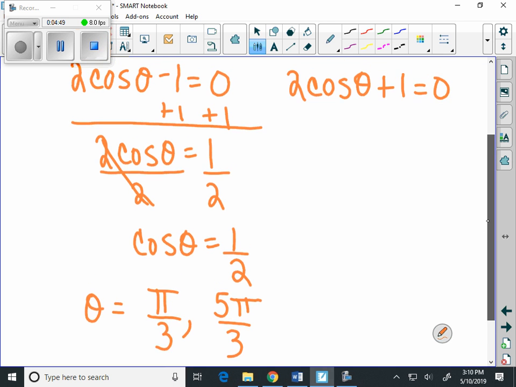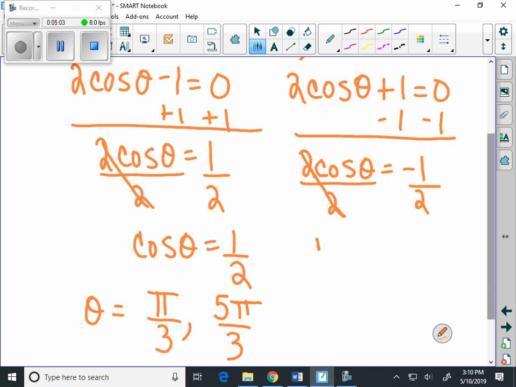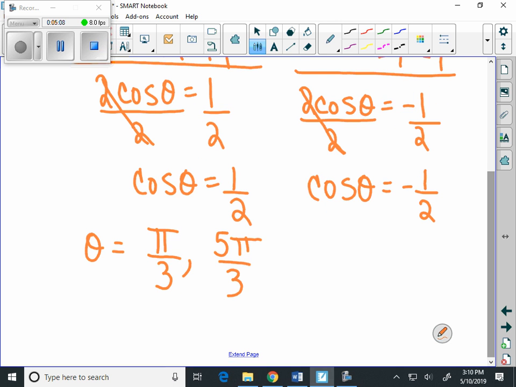Hopefully you don't have to go back and do the math, but I'm going to do it. Subtracting 1 from both sides, we get 2 cosine of theta equals negative 1. Divide both sides by 2, and we get cosine of theta equals negative 1/2. Then we need our other pi over 3 angles: in the second quadrant, 2 pi over 3, and in the third quadrant, 4 pi over 3.